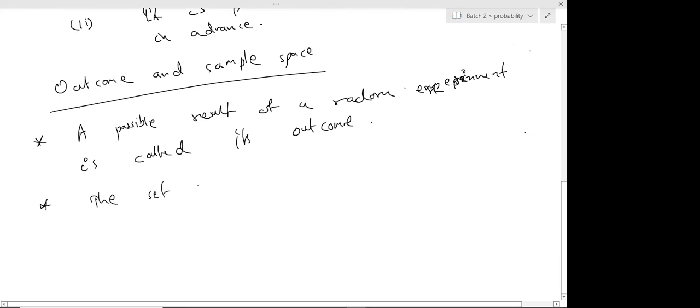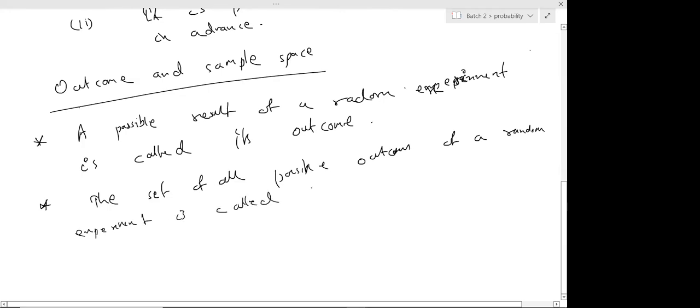The set of all possible outcomes of a random experiment is called the sample space.